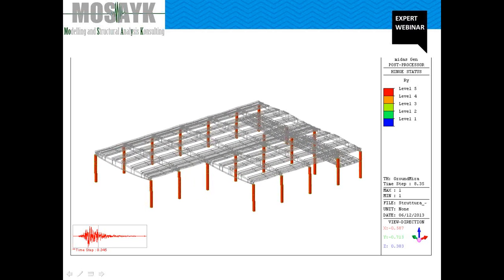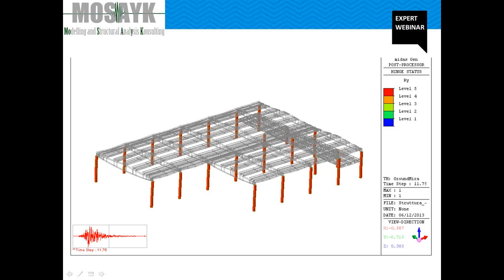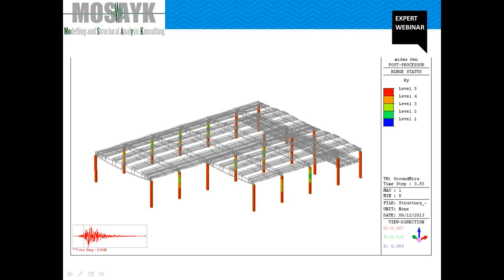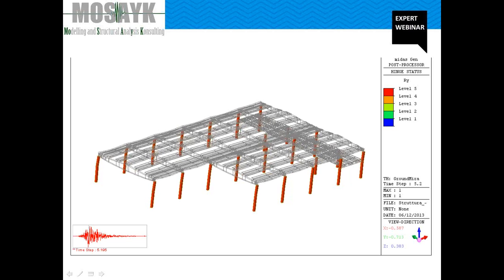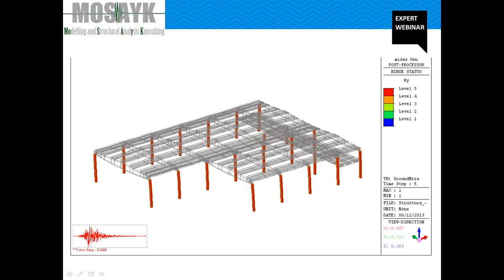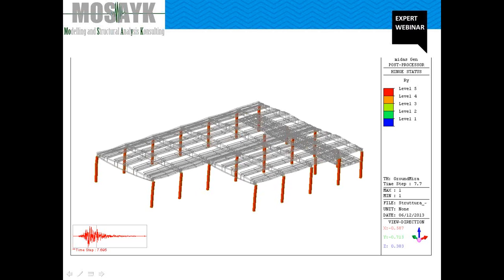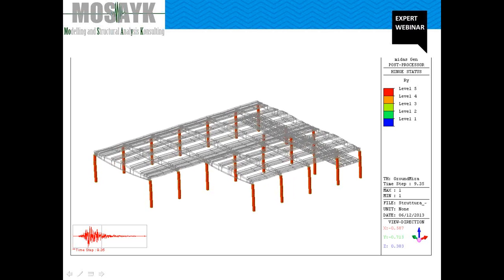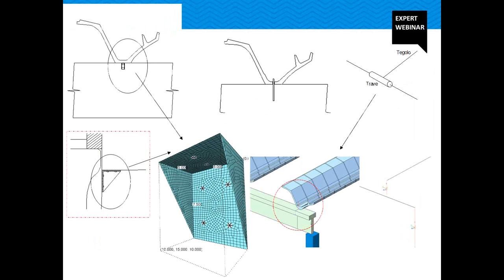This is a single story with, on the right side, a part with an office building that moves from one story to multi-story structures, and we can easily check the strength, ductility demand, and stiffness, and in general earthquake requirements in a structure after the application of a time history analysis.